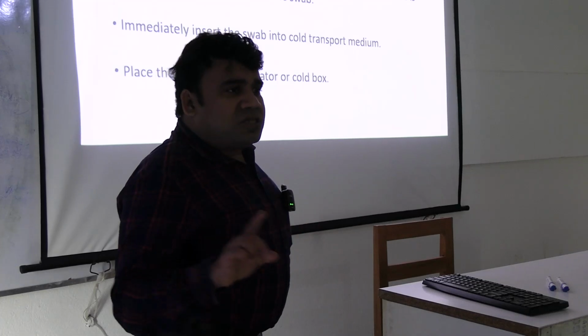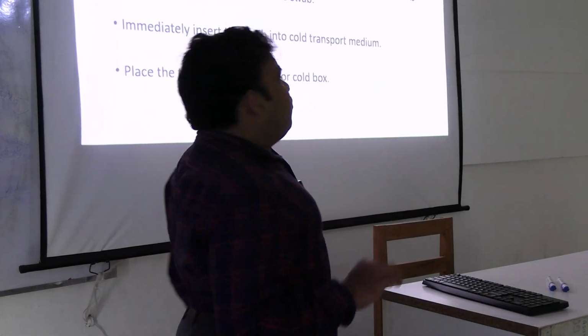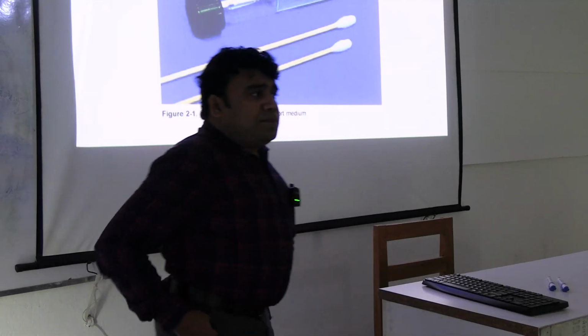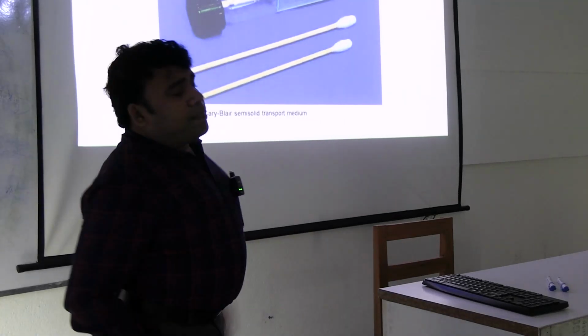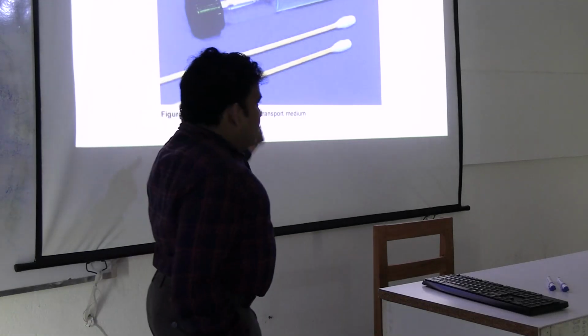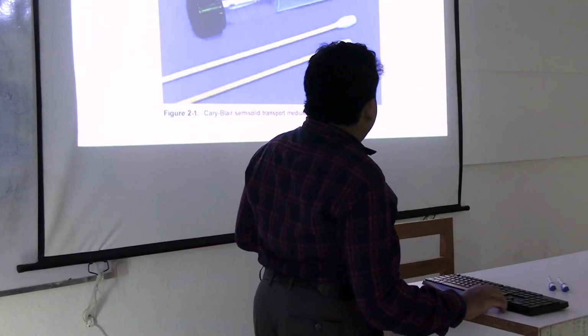Remember, it's not an anal swab, it's a rectal swab. Keep it for about 2 to 3 minutes. This is the picture showing a test tube or container which has the Cary-Blair media and the swab stick in which you can collect the sample and send it.